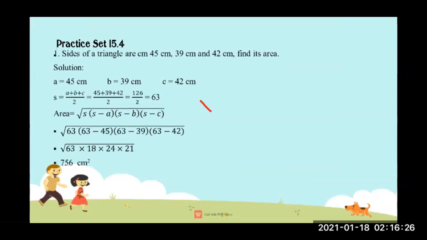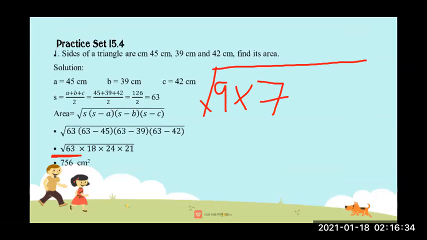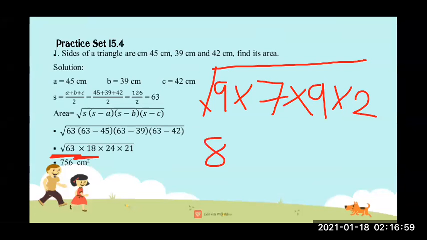So square root of 9 into 7. See the first number 63, that means 9 sevens are 63. Now 18 means 9 twos are 18, that means multiply by 9 into 2. The second number is 18. Now 24 is coming in the 8 table, 8 threes are 24.